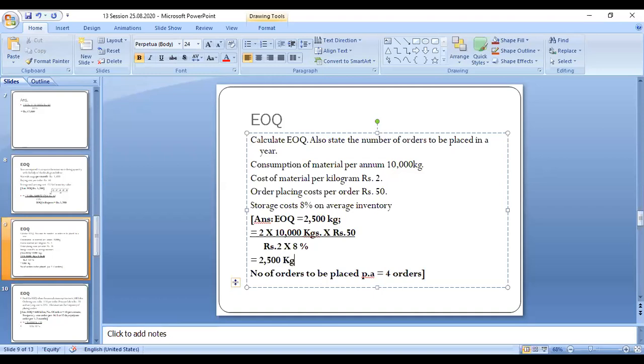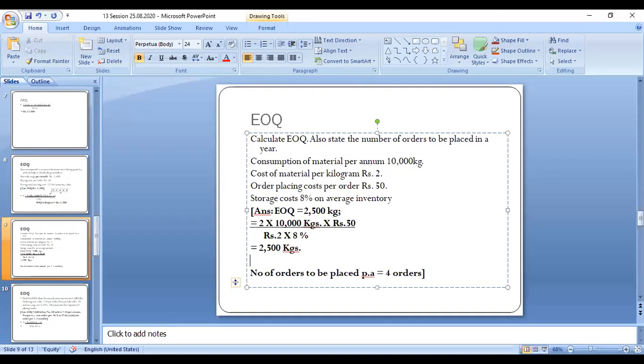In this case they are asking for one more piece of information: calculate the EOQ and also state the number of orders to be placed in a year. How do we calculate the number of orders to be placed in a year?